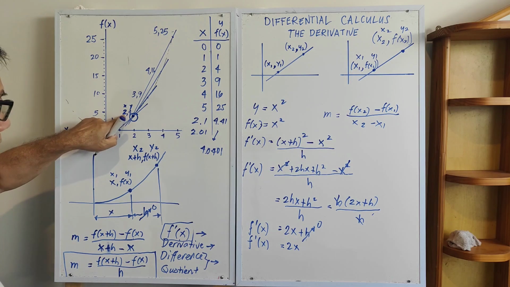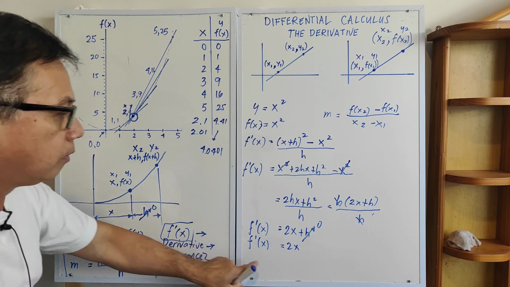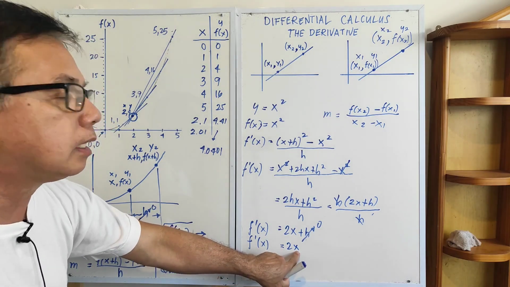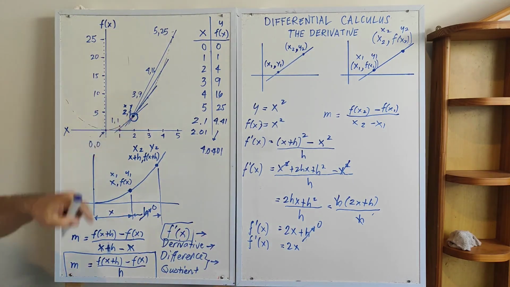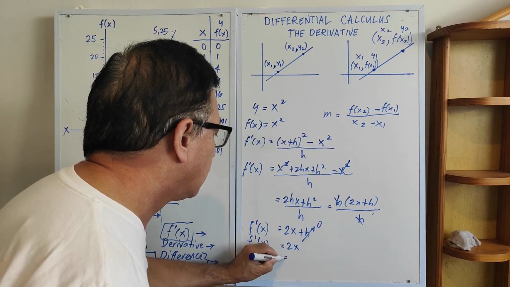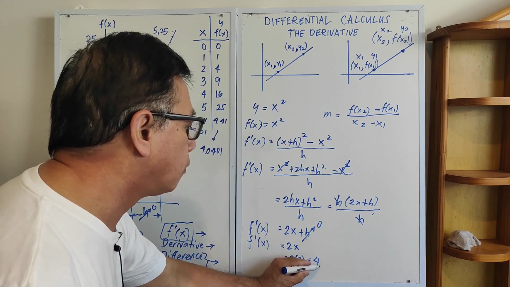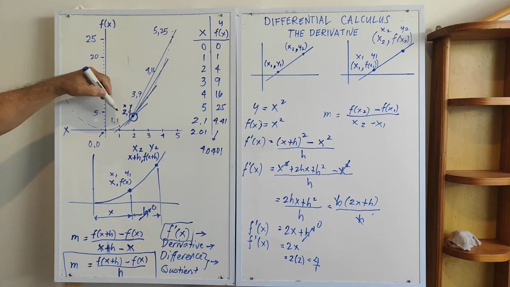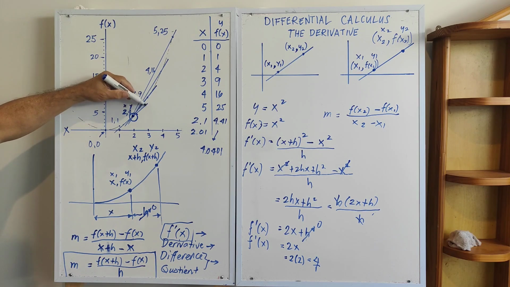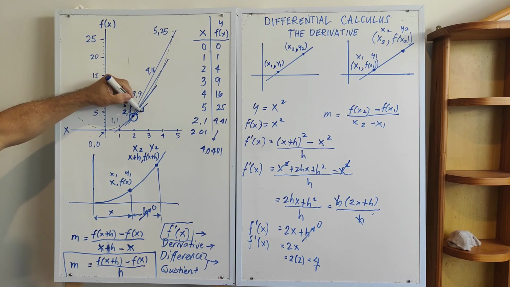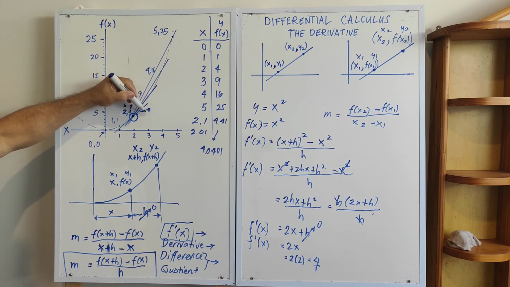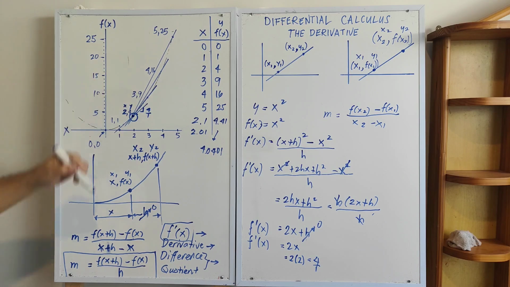You will plug in this value into your x to find the slope at exactly this point. So that would be 2 times 2 is 4, or 4 over 1. So at exactly this point, this line has a slope of 4 over 1.